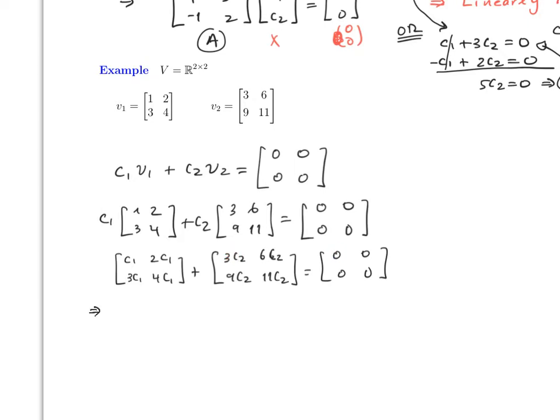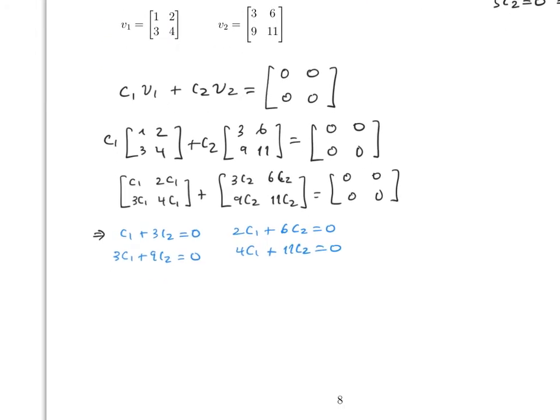So this implies that C1 plus 3C2 should be 0, 2C1 plus 6C2 should be 0, and so forth, 9C2, 4C1 plus 11C2 should be 0. Now this is not hard to check, and you should check this by yourself.